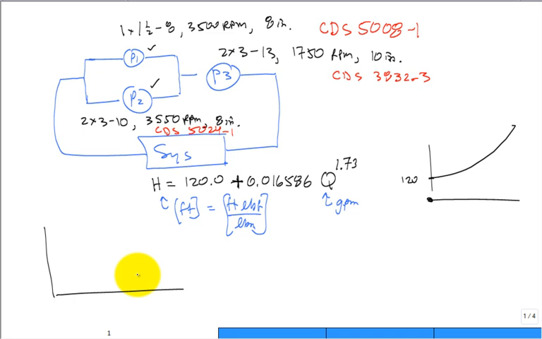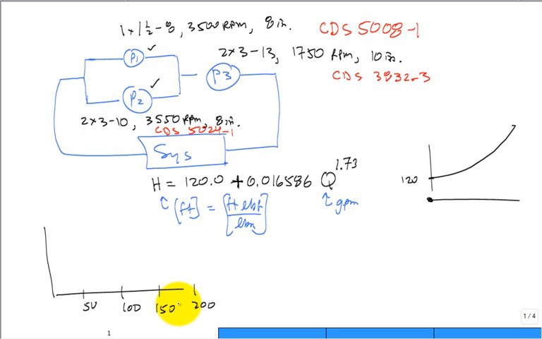Look at your plots. What will be the maximum Q to make sure we capture both? How many GPM? 300? 200 GPM will cover both of them. So let's do up to 200 GPM. There's 100, there's 50, there's 150.